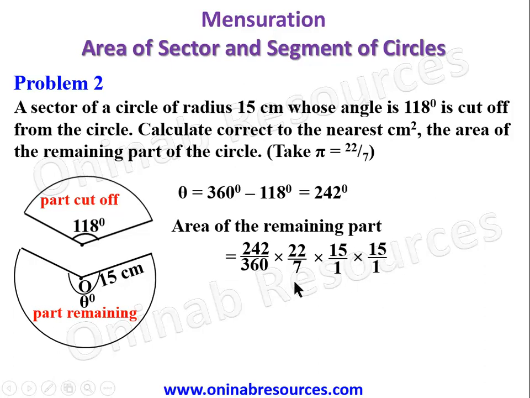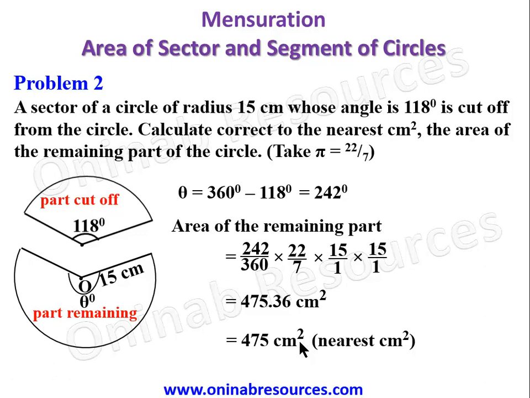From our calculator, we have it as 475.36 square centimeters, and we are to correct our answer to the nearest square centimeter. That gives 475 square centimeters to the nearest square centimeter. And we have done justice to problem 2.